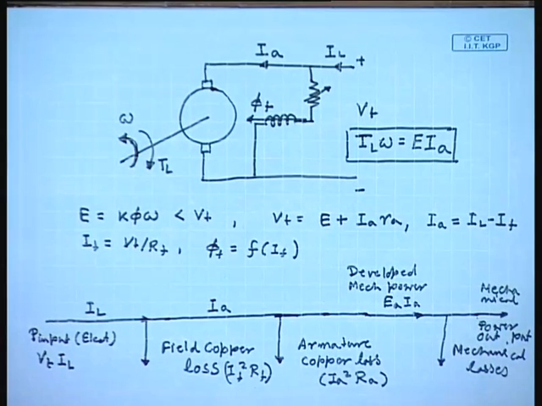So, we see that the same machine connected to the same supply can work either as a motor or as a generator. That depends on the value of the back EMF at the given operating speed. If it is larger than the terminal voltage, then the machine will operate as a generator, otherwise it will run as a motor.